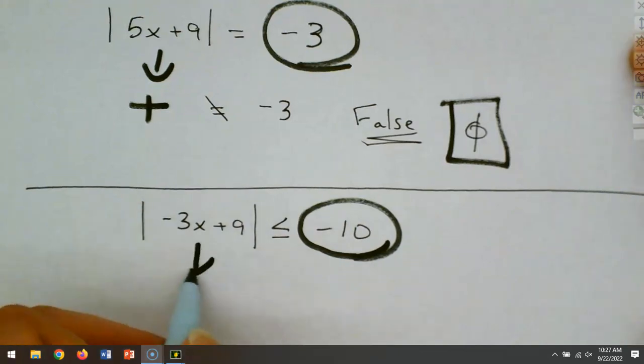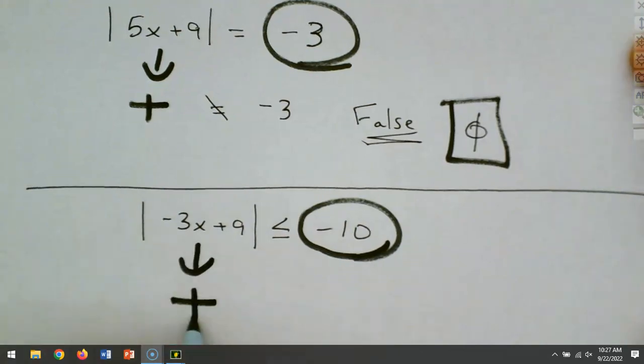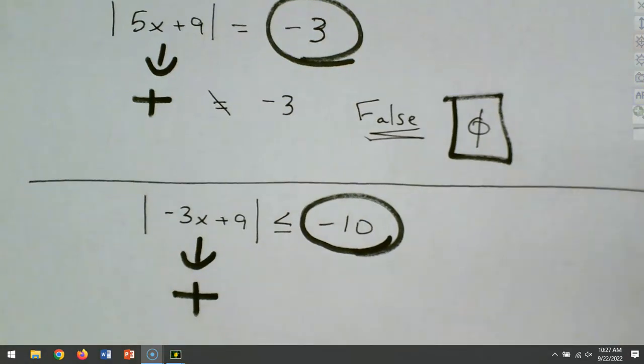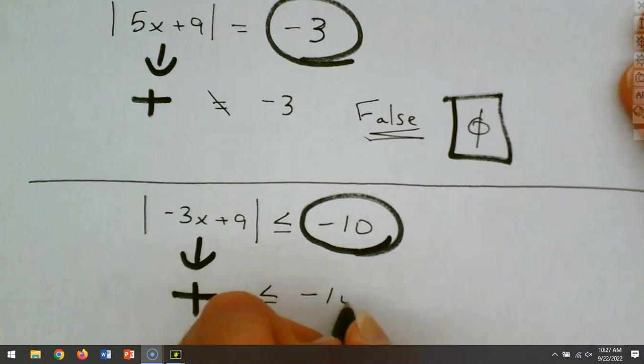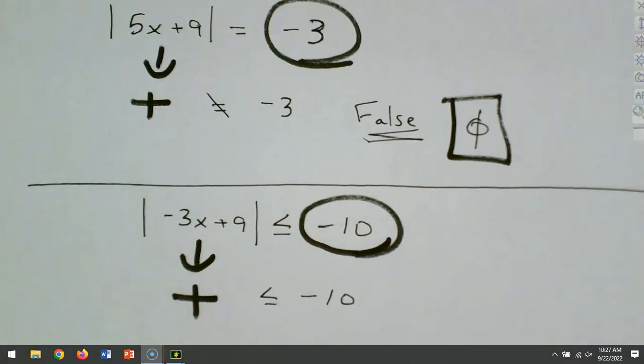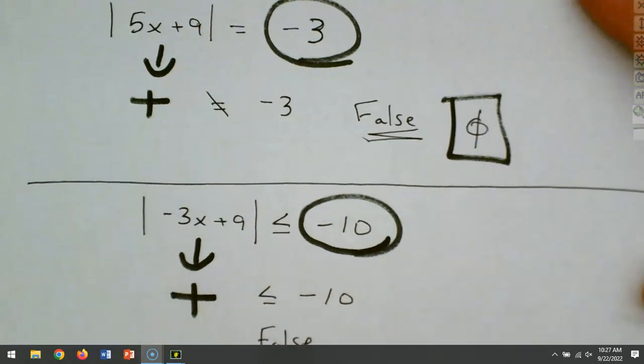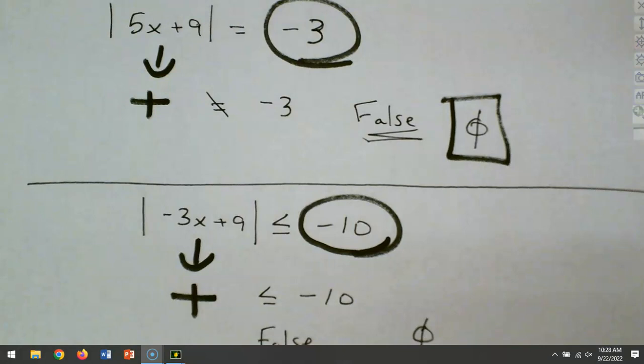Now, what do we know about absolute values? Positive. Okay, are positive numbers ever smaller than a negative 10? Can that ever happen? No, right? So this one would also be what? False. And if it's false, you have no solution.